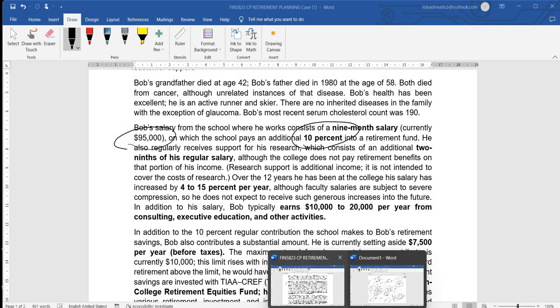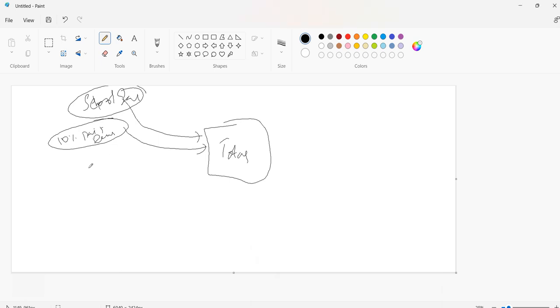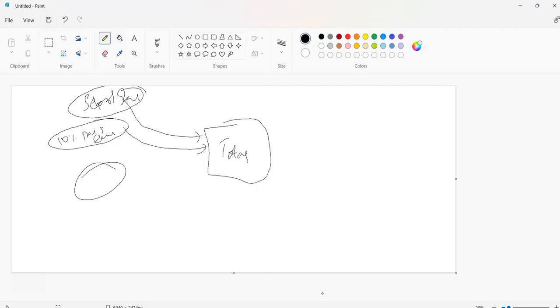Next, what is the task we have? It is 2/9 of his regular salary. Because he is doing some kind of research, they are paying 2/9 of his regular salary for research purposes. So let us take research support, RS.